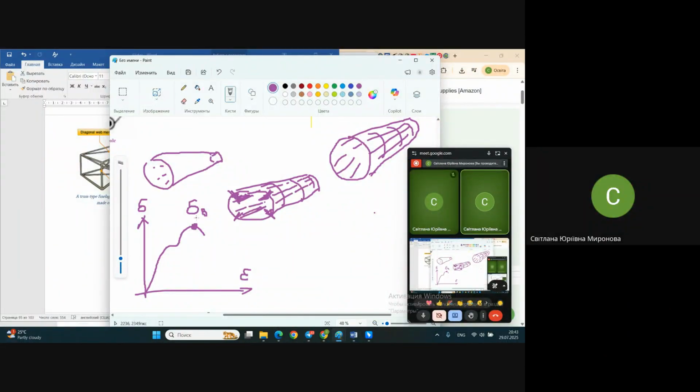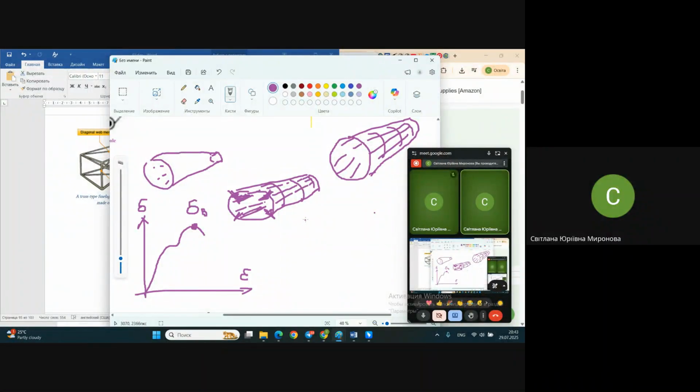And what are the characteristics of material for different materials? For instance, structures made of steel have this sigma by point. There is a great variety with them, of course.